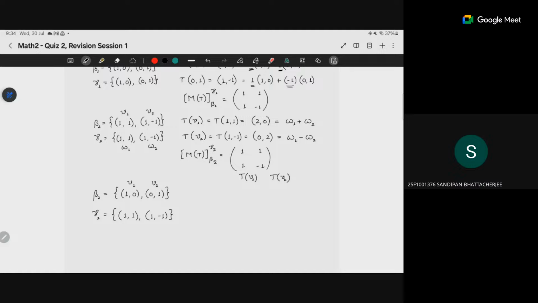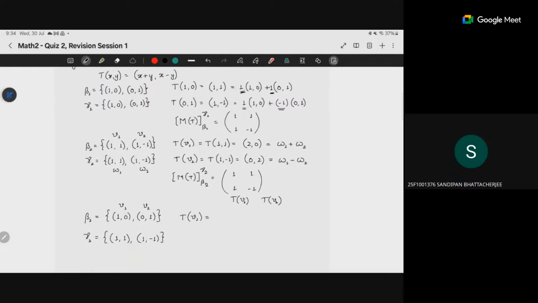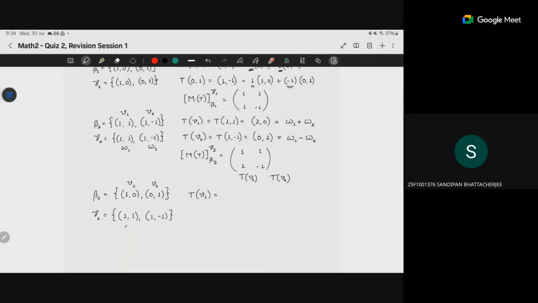Now see what happens to T of V1. What is T of V1? As we had calculated earlier, let me call this W3, W4. Maybe I should call these V3, V4 to distinguish from the previous case. Let me just call it E1, E2, since it is standard.